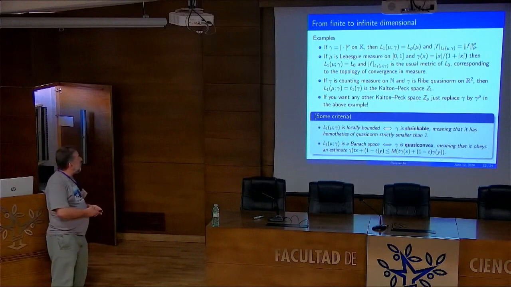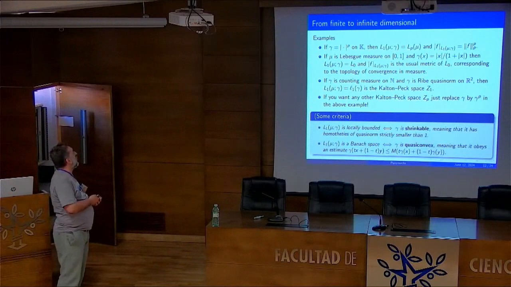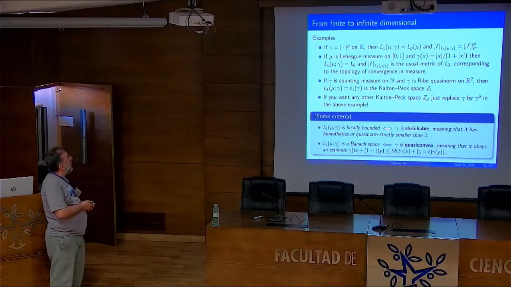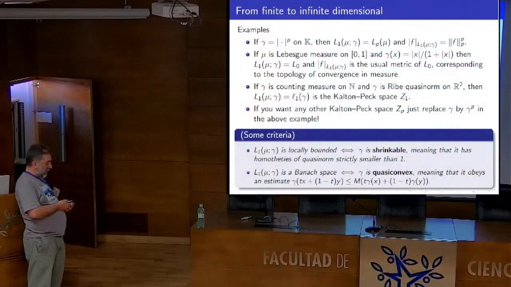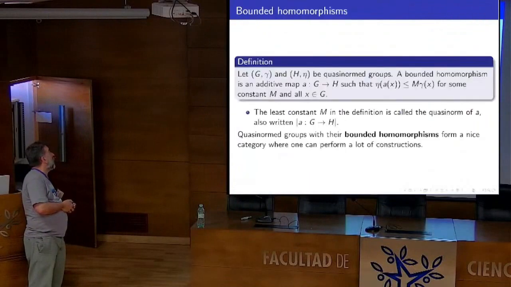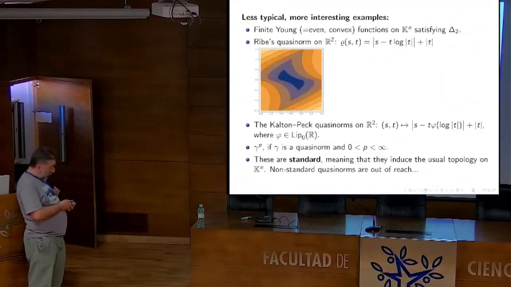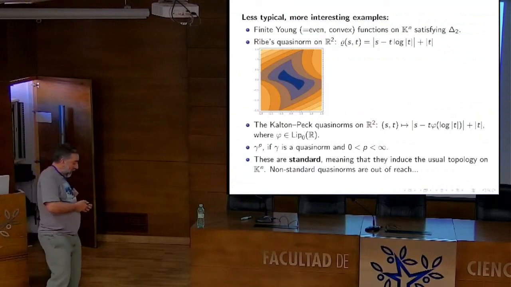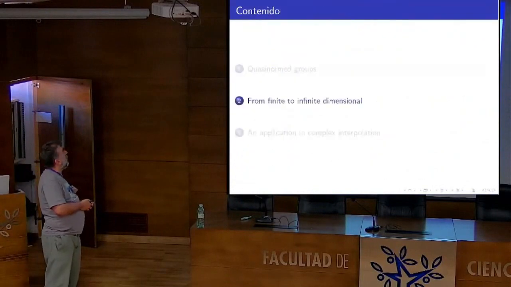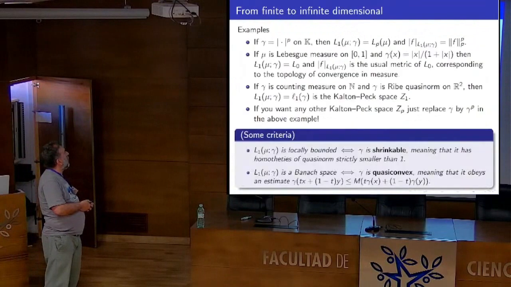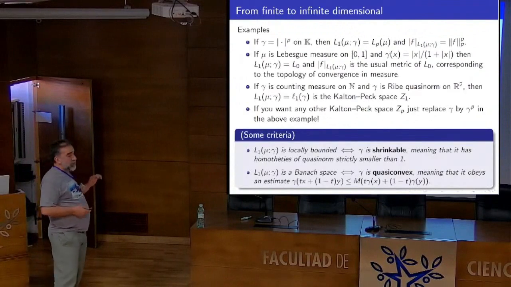More interesting for us is that if you take Ribe's quasi-norm on the plane, this quasi-norm, and you take sequences, that is a discrete measure, then you get the Kalton-Peck space Z1.